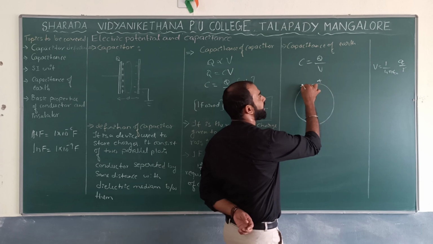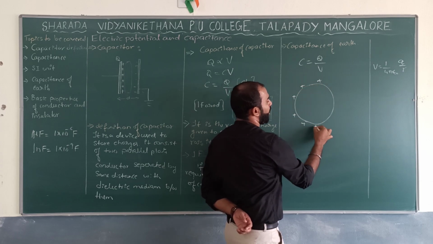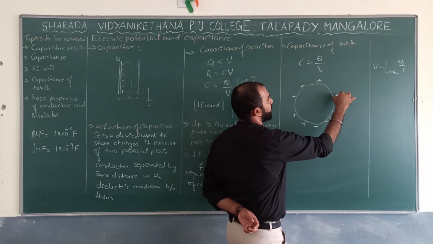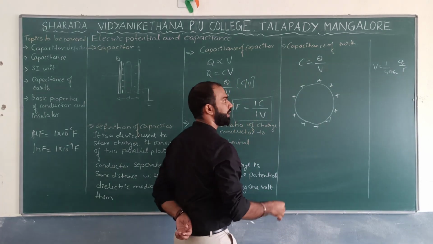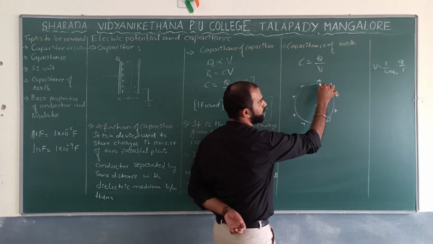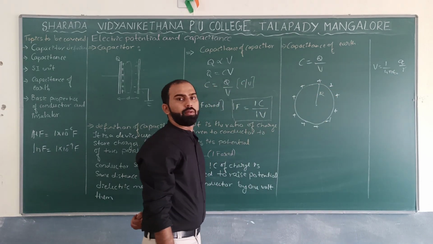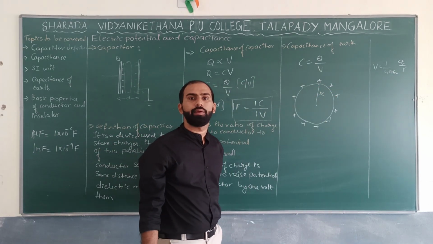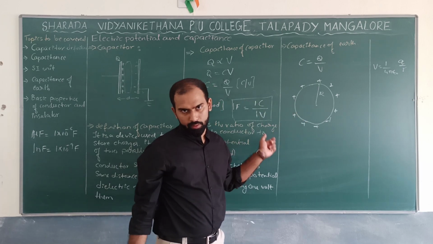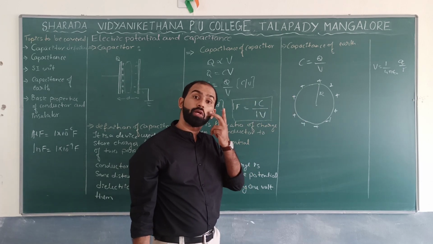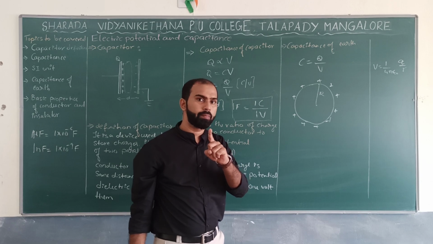and a charge which is located on the outer surface, can I say this is the center of the earth and this is the radius of the earth? If the radius is constant in a particular circle, can I say potential is also constant here?